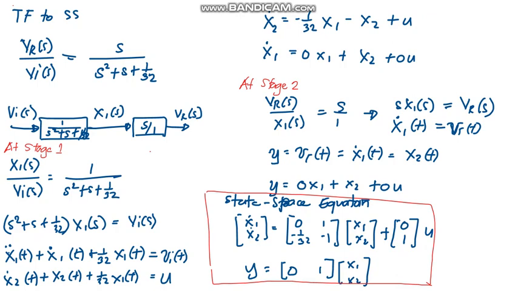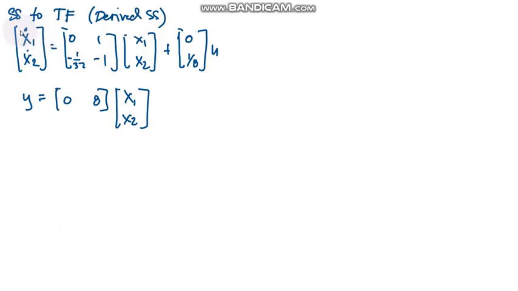Okay, now let's convert state space to transfer function. Let's start with the derived state space equation, wherein the B is 1 over 8. Now, please note that this matrix is A, this matrix is B, this matrix is C, and we don't have D here, so it means that the D matrix is equal to 0.